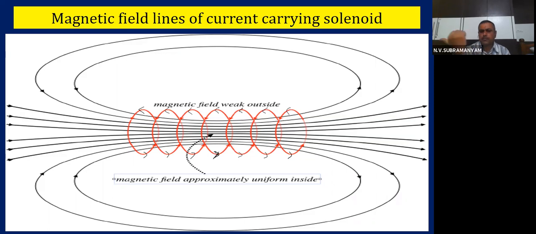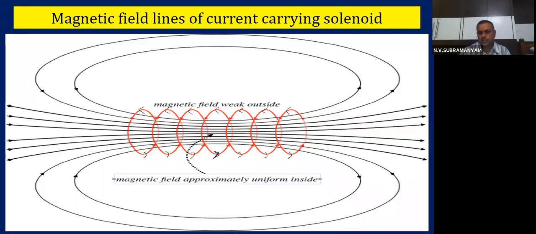And then the thumb represents the direction of the magnetic field. You see all of you, how is the magnetic field? See the lines? They are flowing from left to right. Yes or not? So the right side behaves as a north pole, the left side behaves as a south pole.